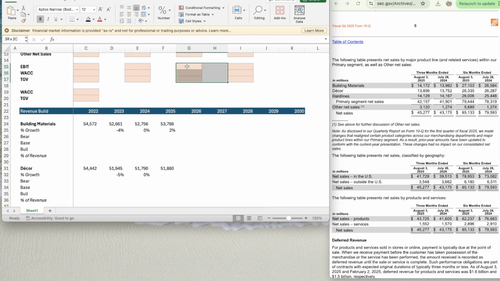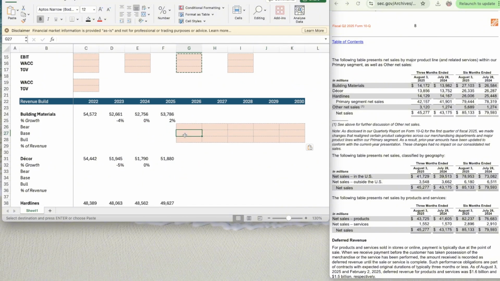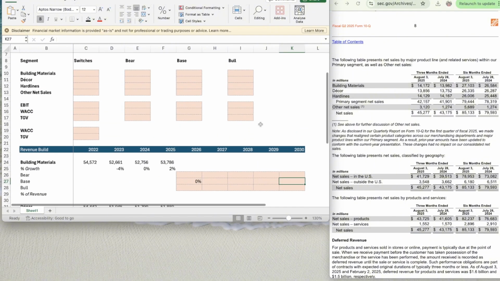So we want now to start projecting out the revenues for the next 5 years. So we'll take the average of the last 3. Where's it? Oh, there we go. And make sure when we put this one in, it needs to be done up here.